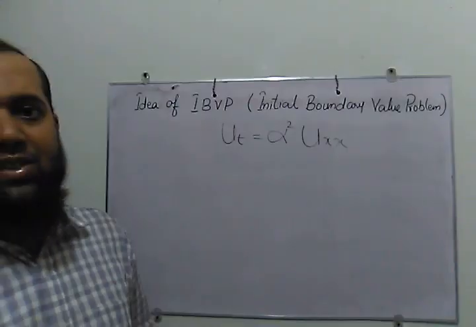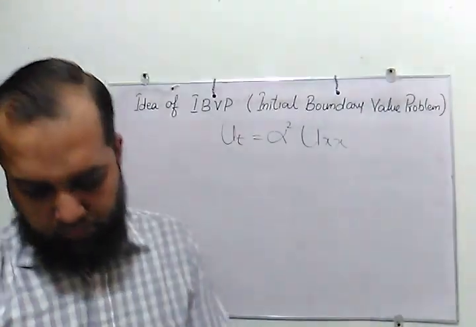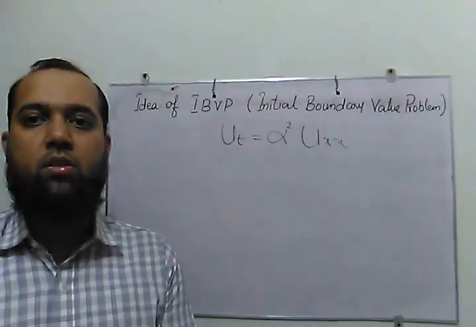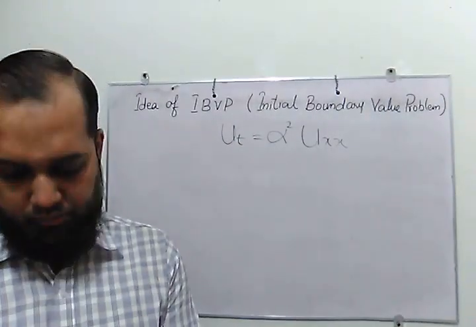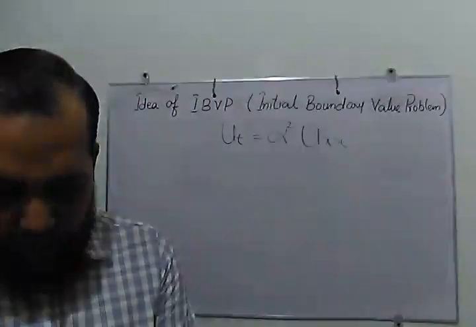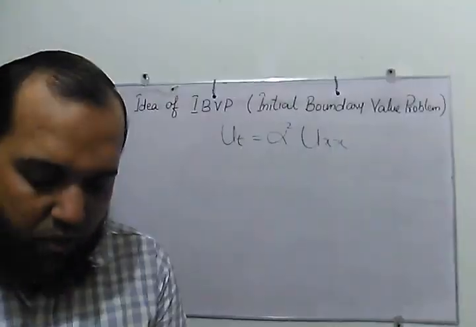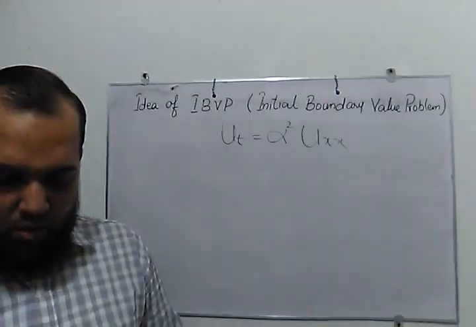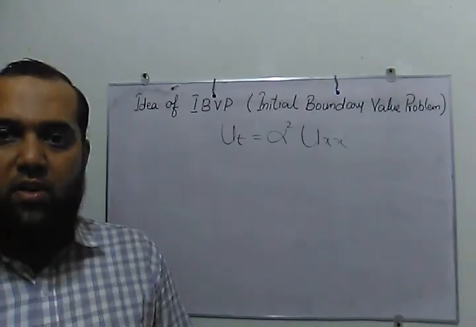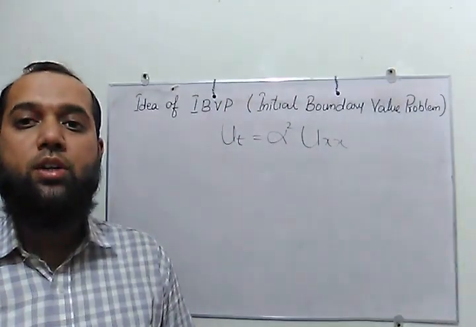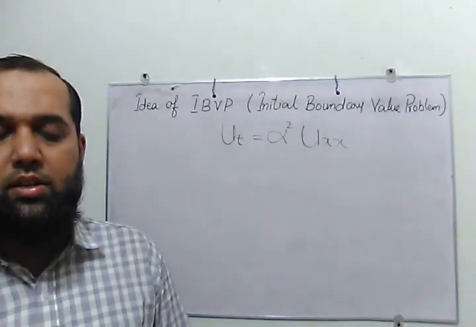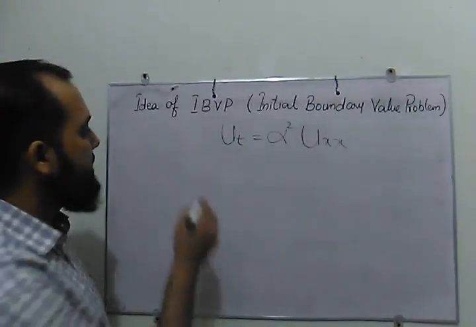So the assumption of this experiment was that heat flows in only one direction. What happens if we allow heat loss in the lateral direction as well? We do not insulate the rod. In that case, the partial differential equation will be like this.